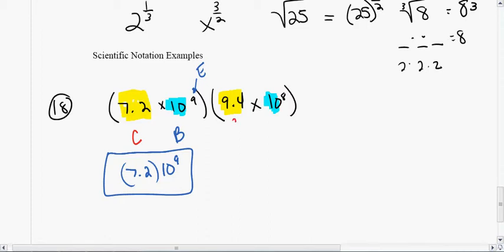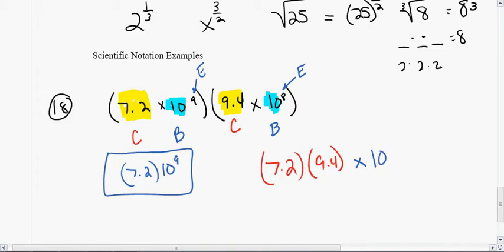So here's my other coefficient, the 9.4. Here's my other base, the 10. Here's my other exponent, the 8. So I'm going to multiply 7.2 times 9.4, put that in my calculator, and then add the exponents together. So that's going to be 10 to the 9 plus 8. That I can do in my head. 10 to the 17th. Done.